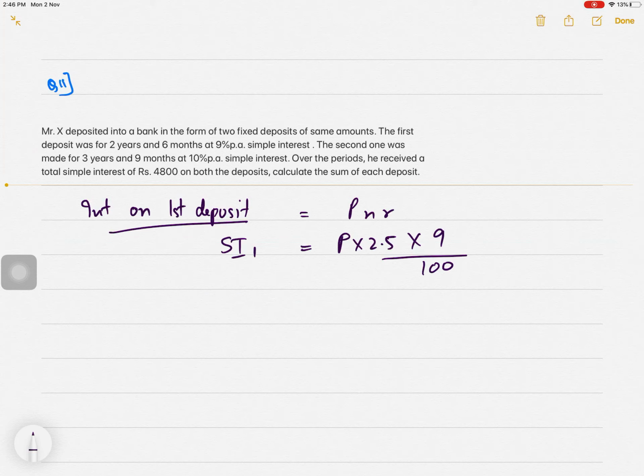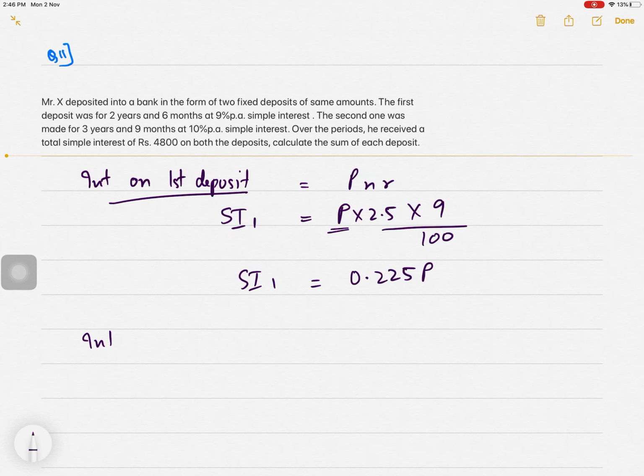So 2.5 into 9 divided by 100 comes to 0.225 P. P I have to write as it is. So simple interest 1 is equal to 0.225 P.